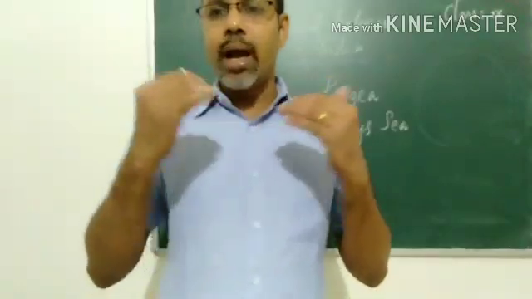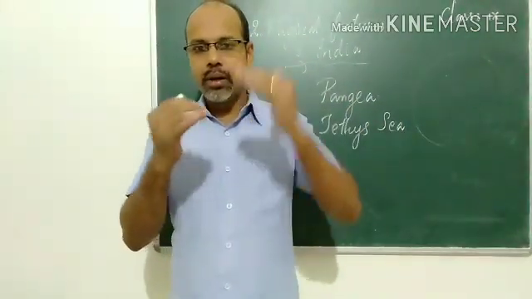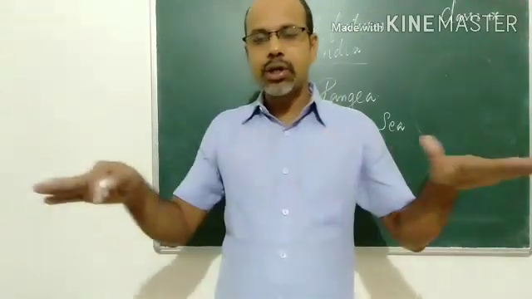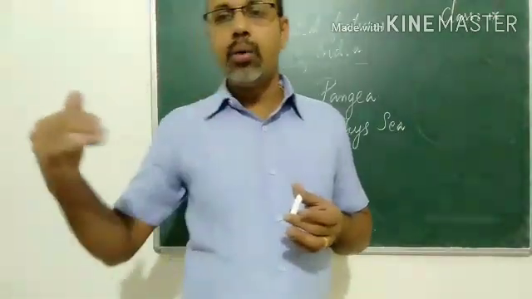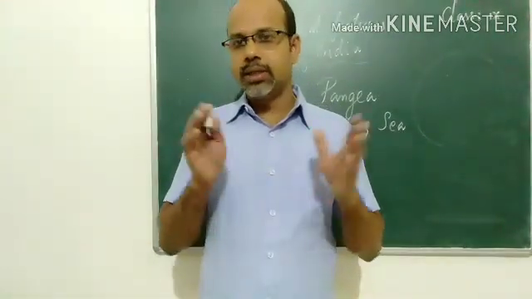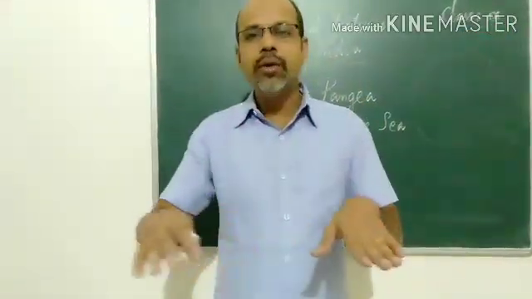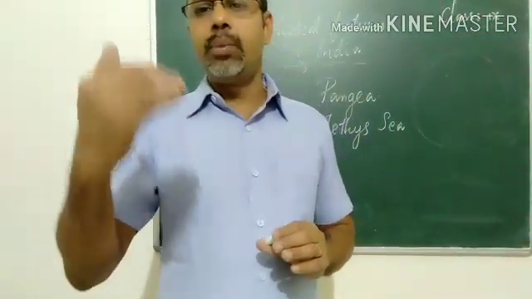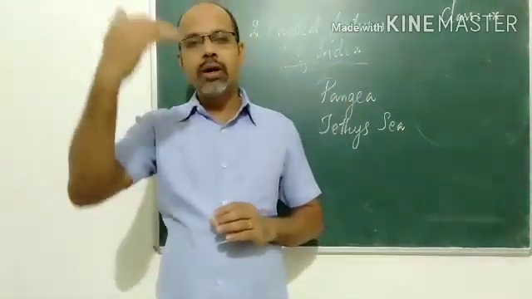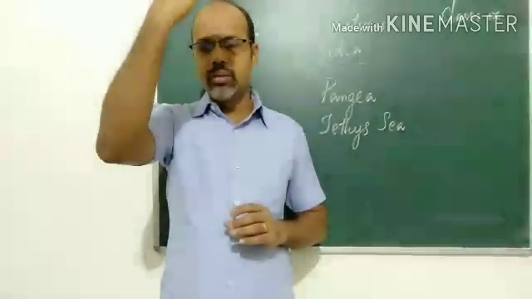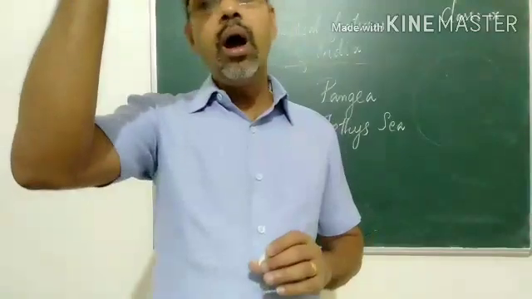In the course of time a depression was formed in between, south of the Himalayas. Rivers, we know the Ganga and Yamuna, flow through this region. Gradually this depression was filled with the deposition of sediments brought by the rivers from the mountains.